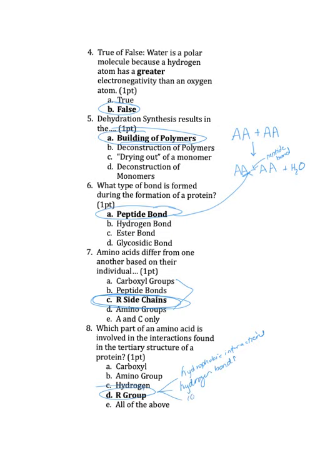They can also form ionic bonds, but these are happening only between the R groups. The carboxyl and amino groups are involved in the secondary structure, and they lead to things like beta pleated sheets and alpha helices, okay, which is why our answer here regarding the tertiary structure is the R groups.